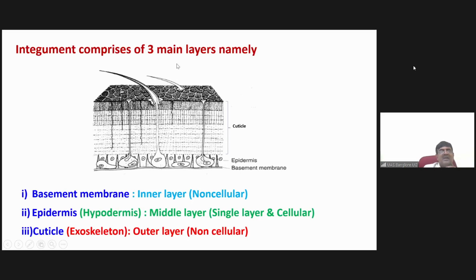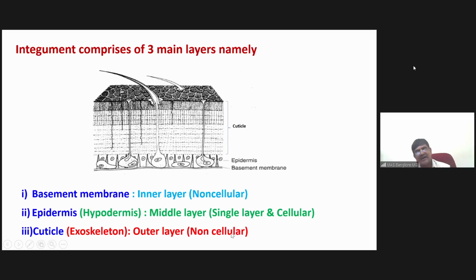So remember, the insect integument mainly comprises three layers. The bottommost layer is the basement membrane. The middle layer is the epidermis. The outermost layer is the cuticle. The epidermis is the only cellular layer, whereas the basement membrane and cuticle are non-cellular layers.